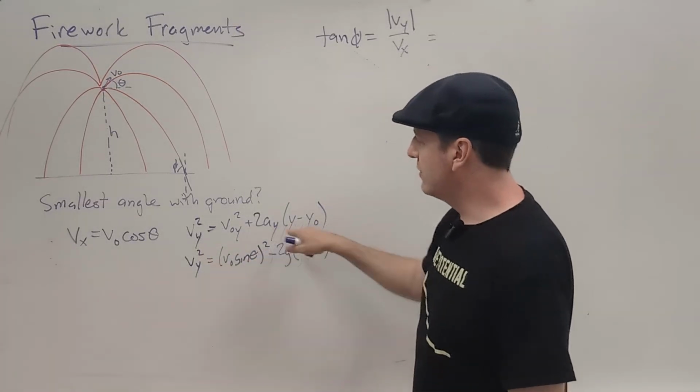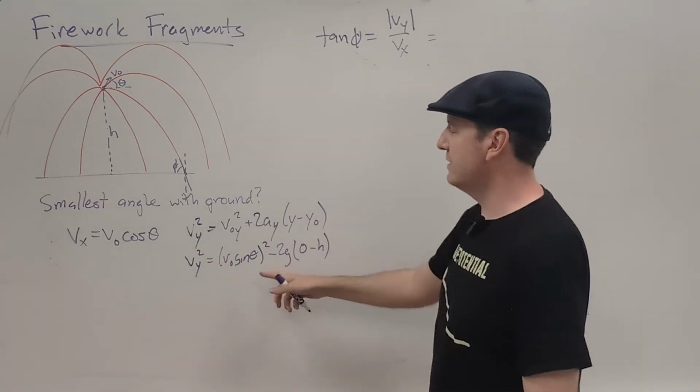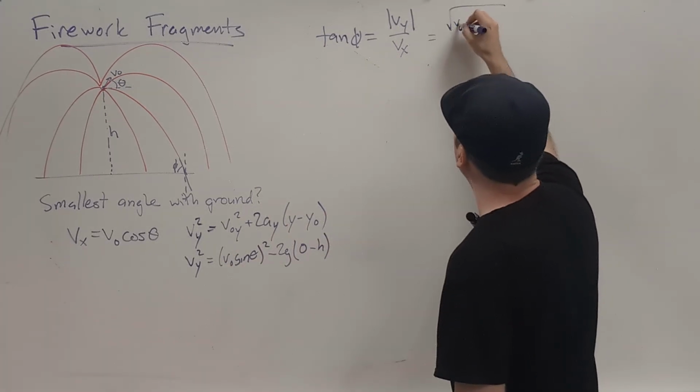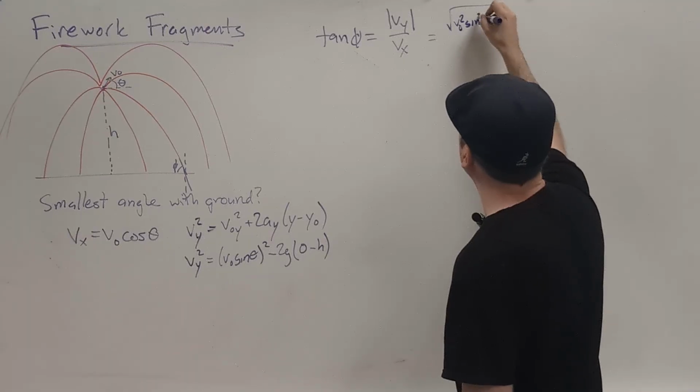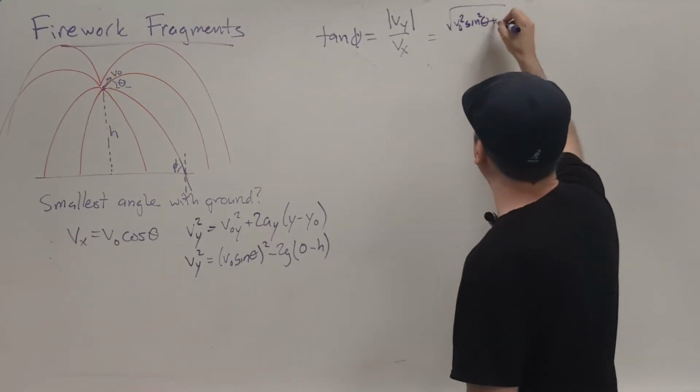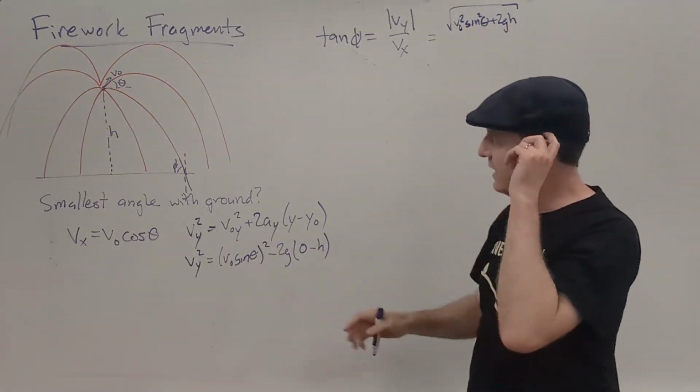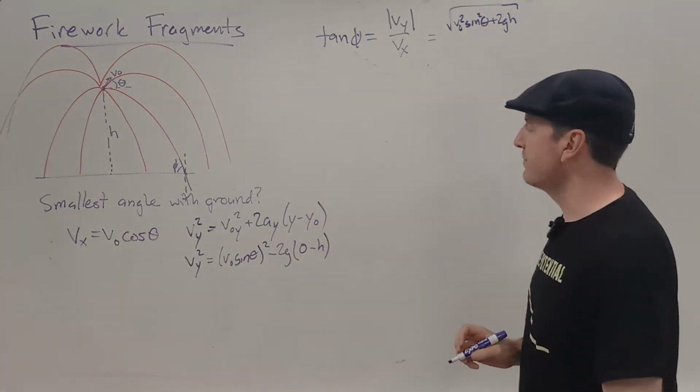Well, taking the square root, and I will take the positive square root because I'm looking for a magnitude, we get the square root of v naught squared sine theta squared plus 2gh. Of course, it's greater than you started because you've fallen a great distance.